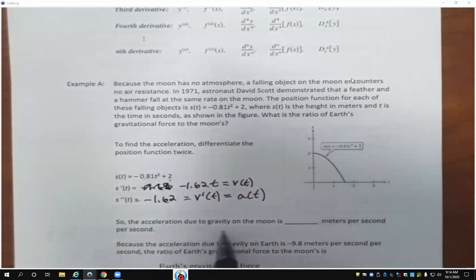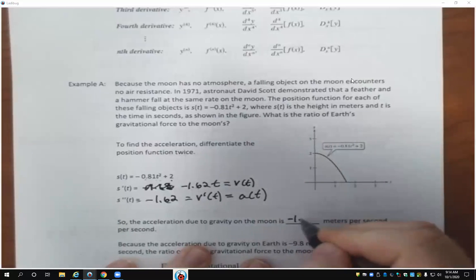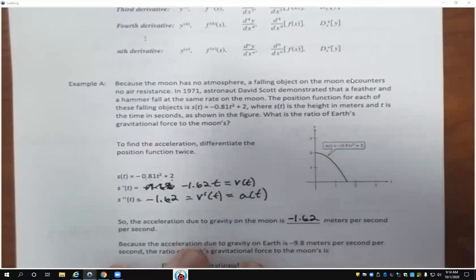So the acceleration due to gravity on the moon is this constant function, negative 1.62 meters per second squared. Velocity would be negative 1.62 t meters per second, and acceleration is per second again.